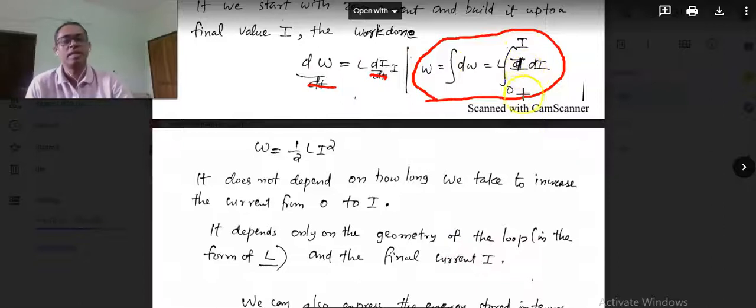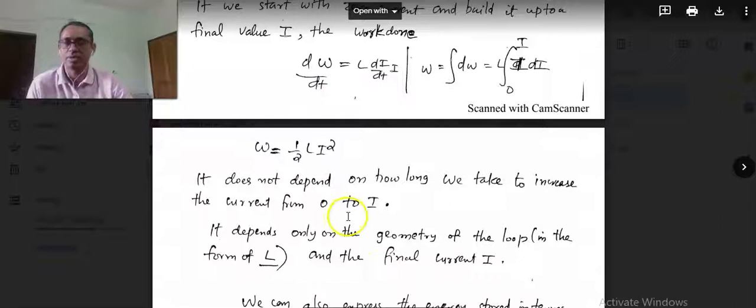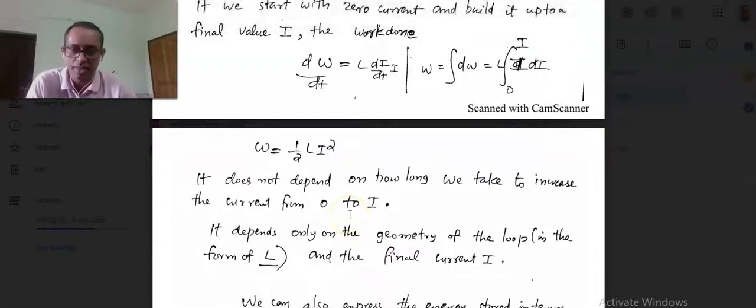So on the right hand side I will have L I di. As I integrate, I will get the total work done as equal to half L I square. So the total work done against the back EMF is now given by W equal to half L I square, and we see it depends on L and I.